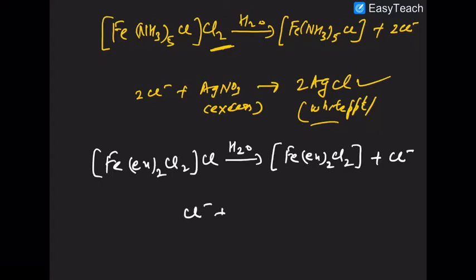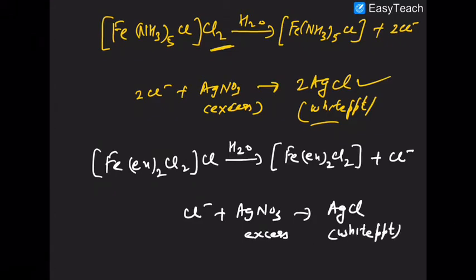To this chloride ion, if you add silver nitrate in excess, then you have 1 mole of AgCl as white precipitate. Are you getting that or not? In this way you are getting a white precipitate of silver chloride. Are you okay with the situation now? Sure.